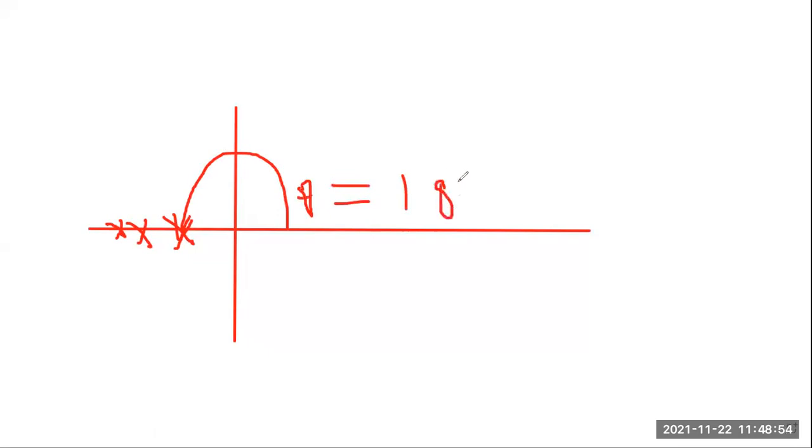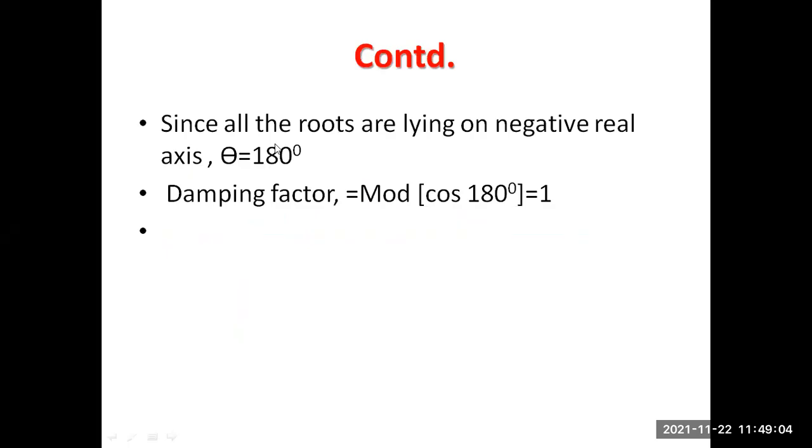So cos 180 degree, obviously it is -1, but for the damping factor, we'll take the modulus of that. That means it should be +1. Okay. So any doubt on this problem?